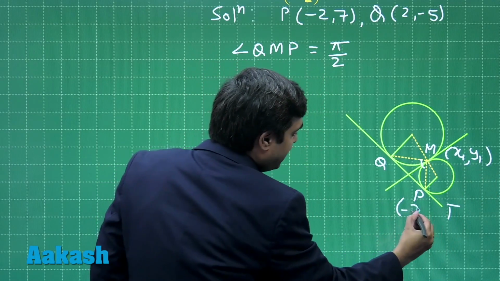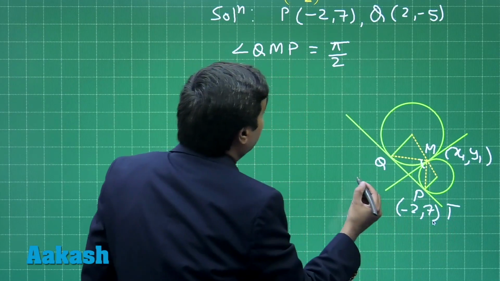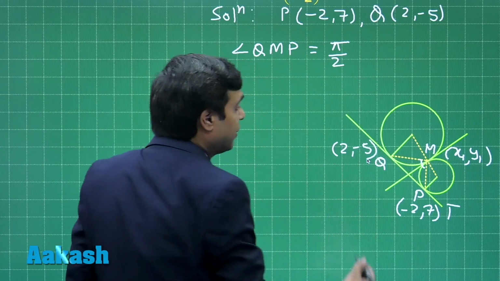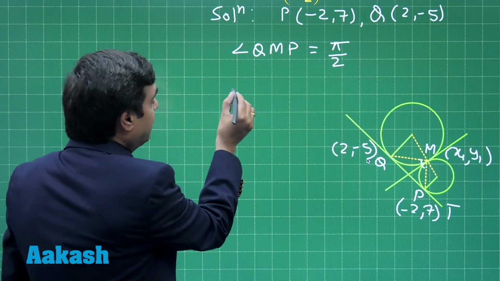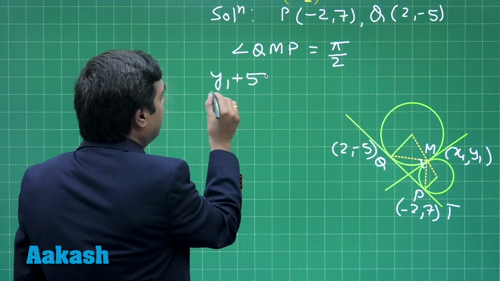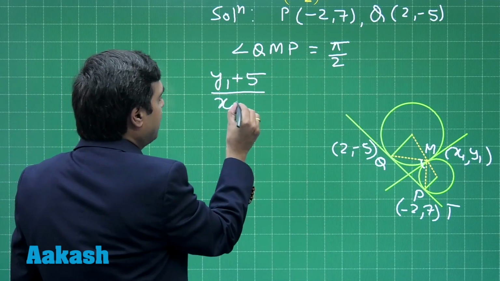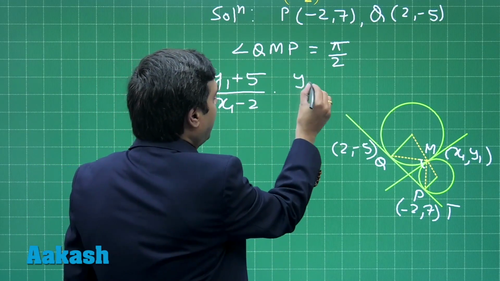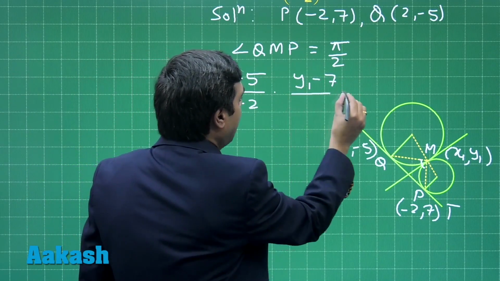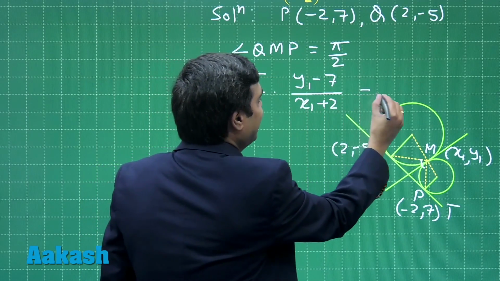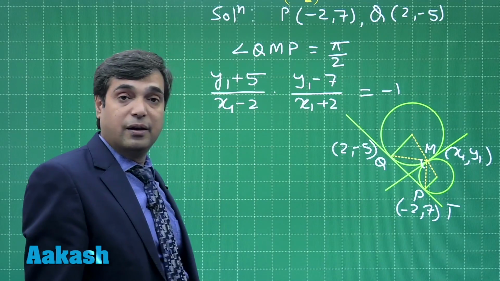P known to us as (-2, 7), Q known to us as (2, -5). So, we get (y1 + 5)/(x1 - 2) multiplied with (y1 - 7)/(x1 + 2) is equal to minus 1.